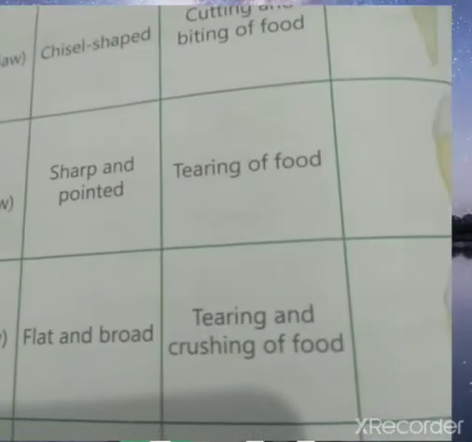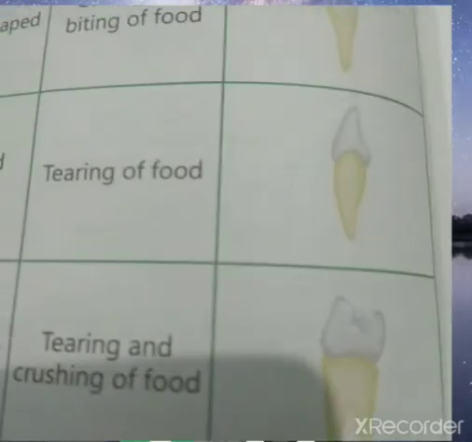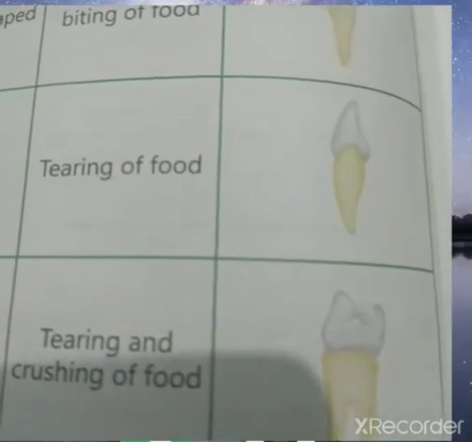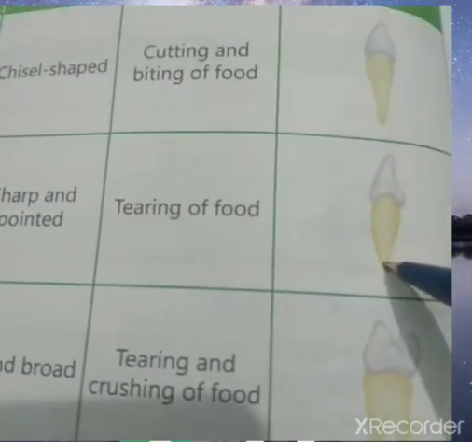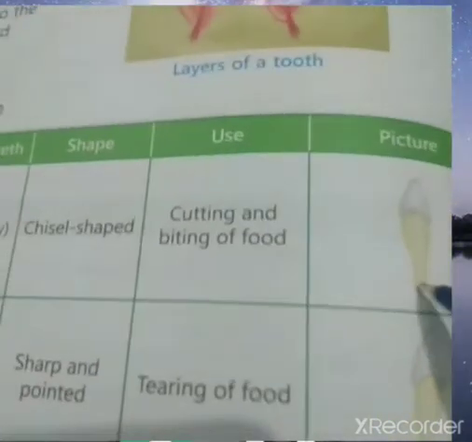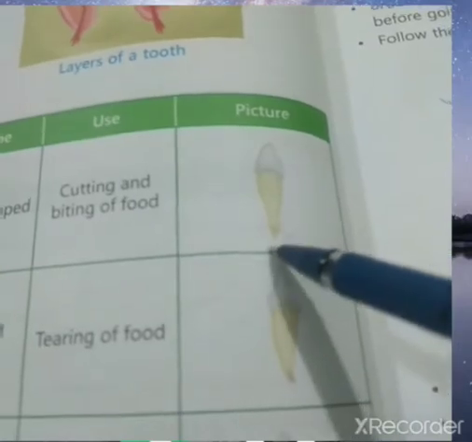It is sharp and pointed, for tearing of food. This is the canine. You see the point part, that is very sharp. Incisors are for biting of food.